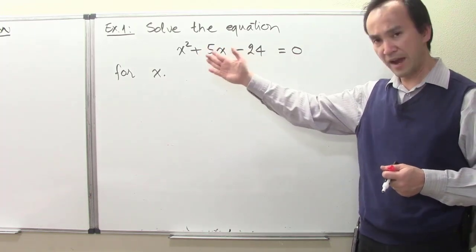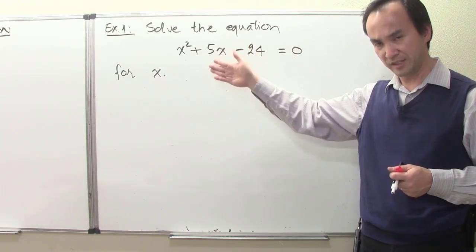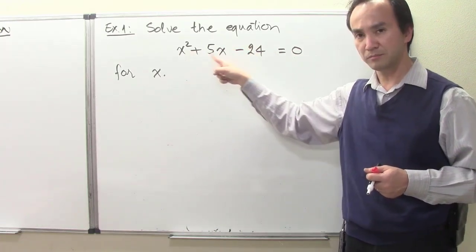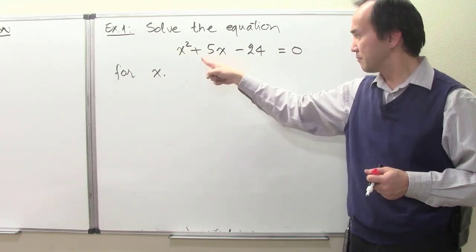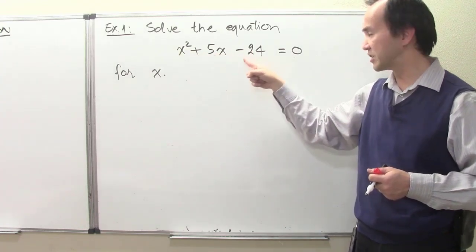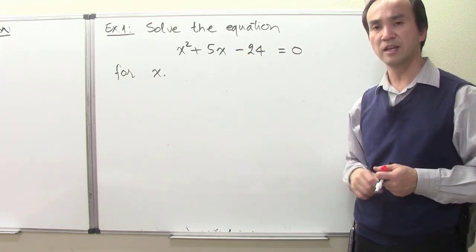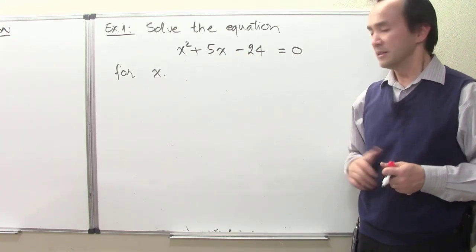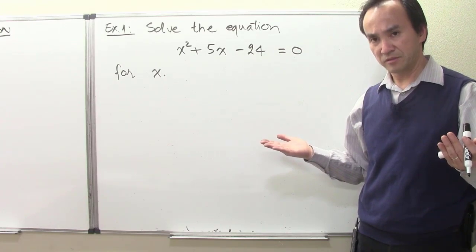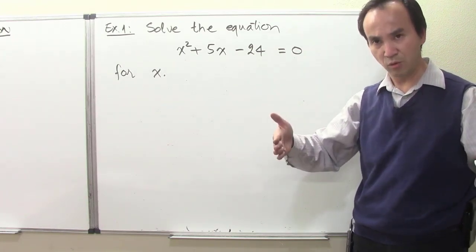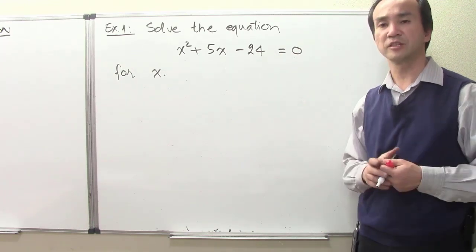Our equation in this example is already in standard form, ax squared plus bx plus c. So a here is 1, b here is 5, and c is minus 24. And just like I said earlier, any of the methods must be used after the equation is already in standard form.